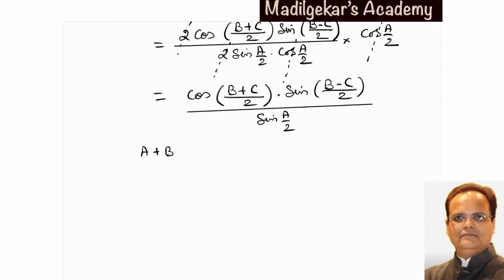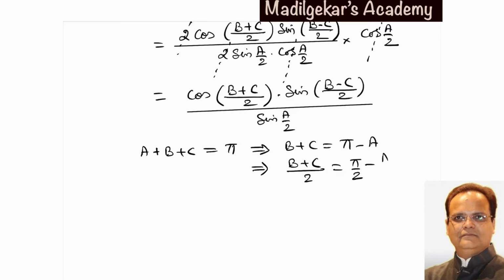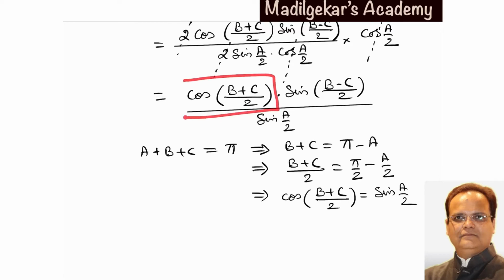Recall A plus B plus C is pi, means B plus C must be pi minus A. Dividing both sides by 2, it is pi by 2 minus A by 2. Taking cos ratios, cos of (B plus C) by 2 will be cos of (90 minus theta), means sine theta, hence it is sine A by 2. So this cos (B plus C) by 2 can be replaced by sine A by 2.